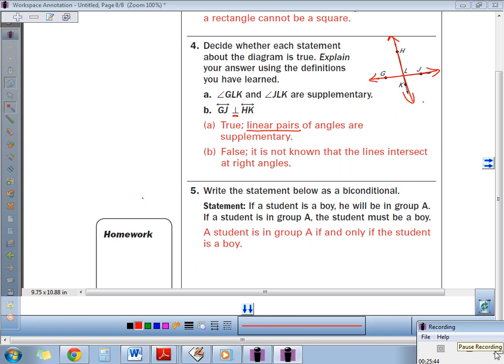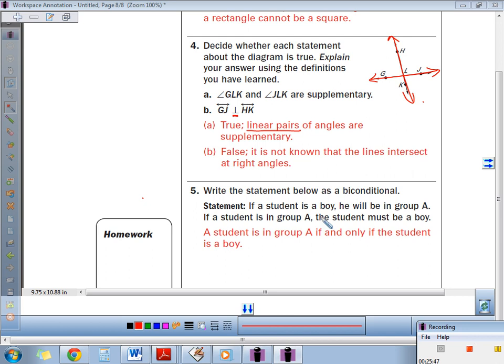What they do in checkpoint 5 is they say write the statement as a biconditional. So they actually write the statement twice. They write the if and the then, and then they do it again, and they switch order. Really, you should do this. This is a good practice, but I'm not requiring it all the time, to write them in the original and the converse.